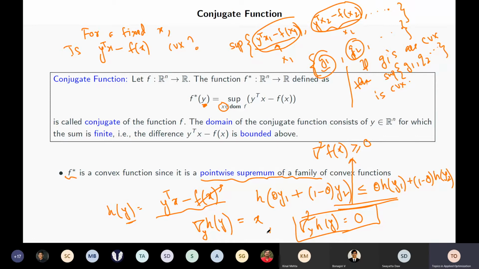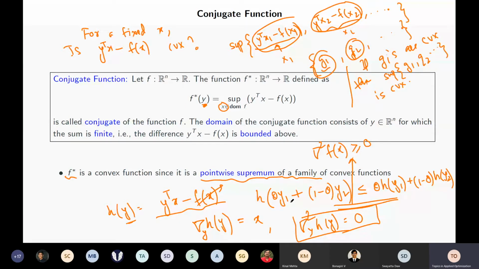I can say that there would be a third way also, that is first order convexity. What was that? f of y is greater than or equal to f of x plus grad f of x times y minus x. First order convexity can also be used, and even simpler is seeing the pattern of this function. I know that certain functions are always convex, like linear functions.